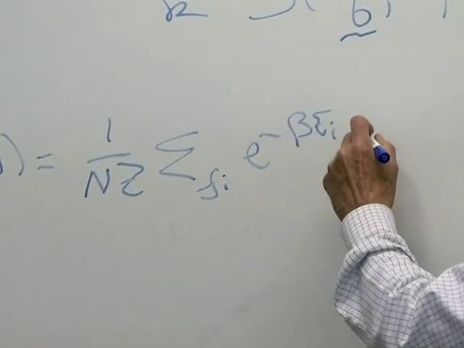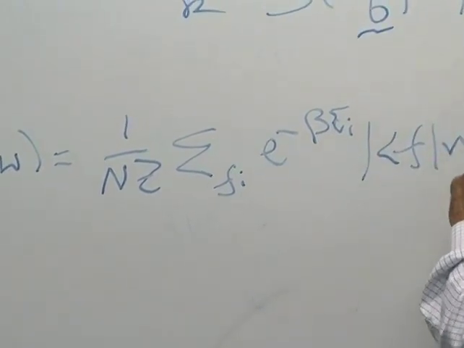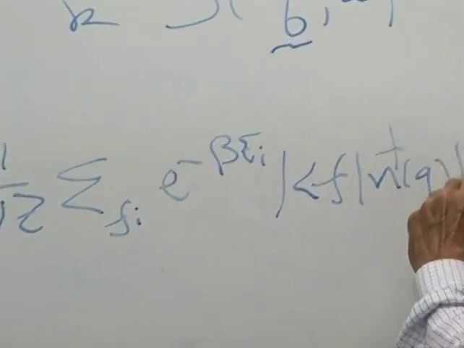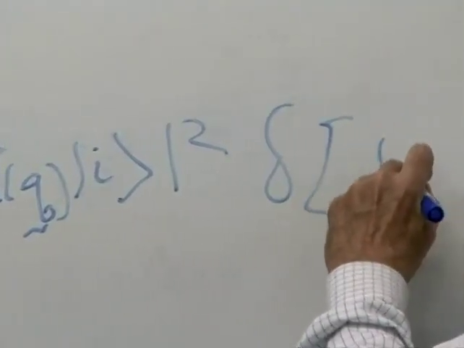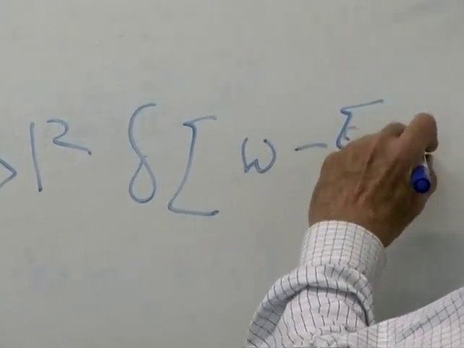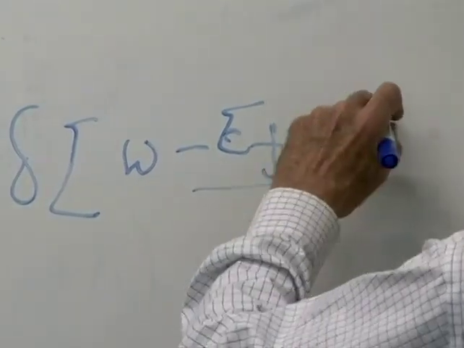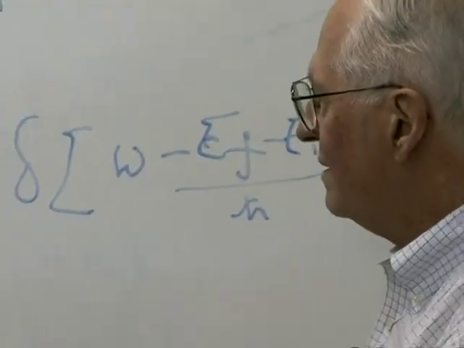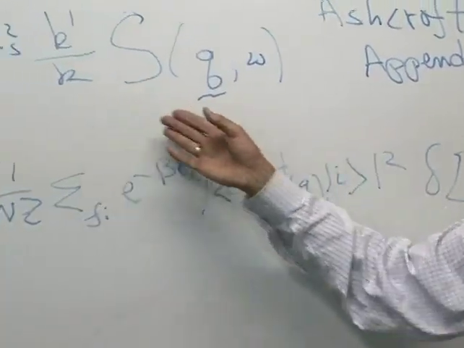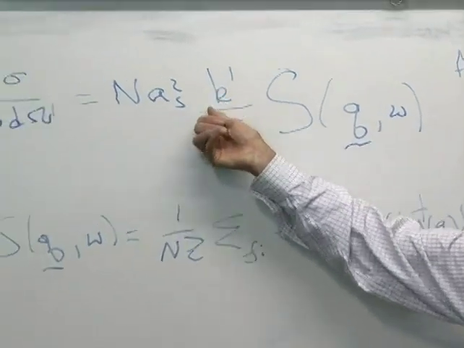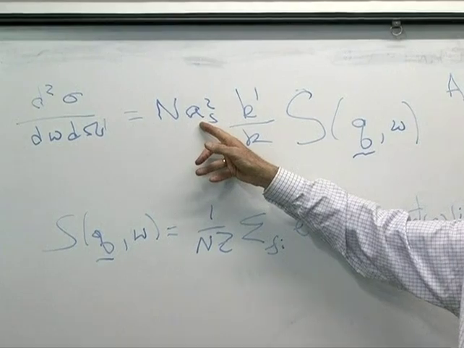And now we get the matrix element of f, n of q adjoint, i, squared, times delta of omega minus (E_f minus E_i) over h bar. Okay? So this tells you all about the properties of the target. All the details of the neutron, the only way it comes in is the change in the wave number of the neutron. And this gives you the square of the scattering length.